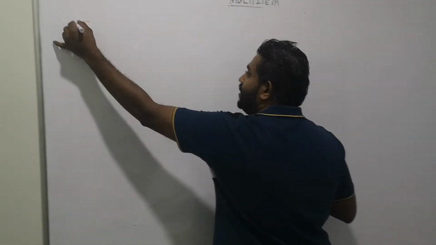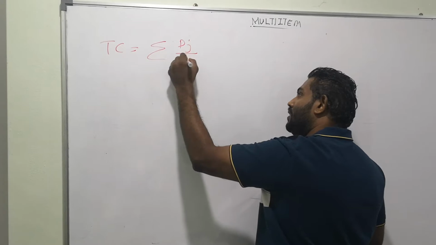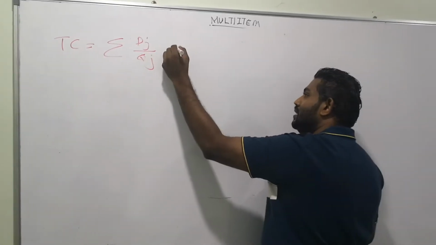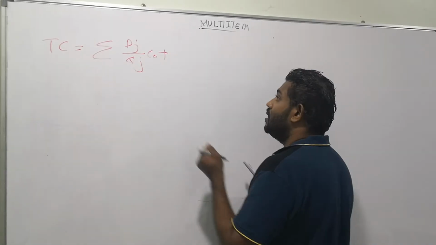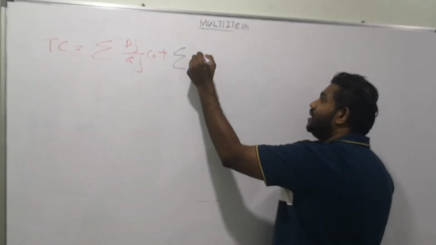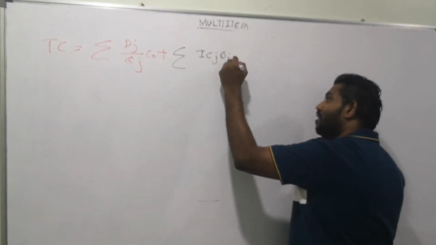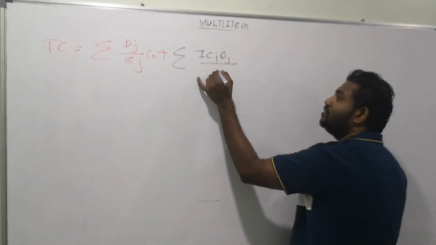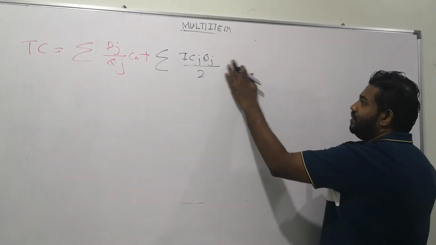We need to remember our total cost formula. If you still remember, it is the summation of dj over qj times c naught, plus the summation of I cj qj over 2, plus the constraint.